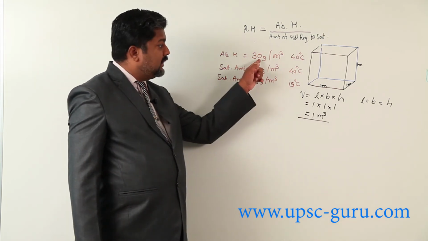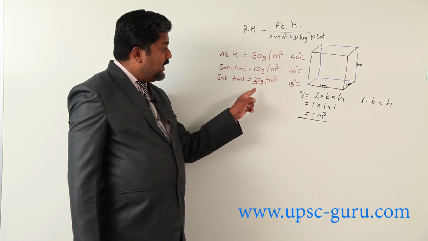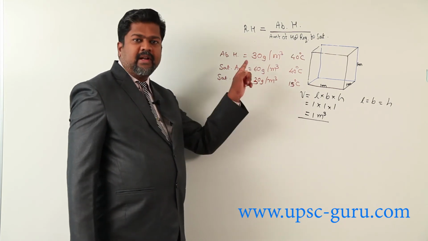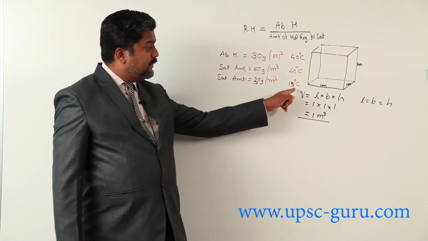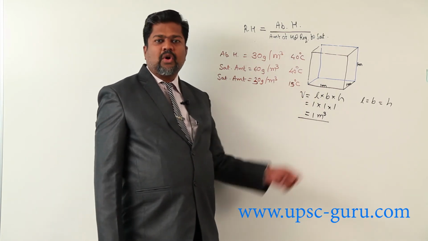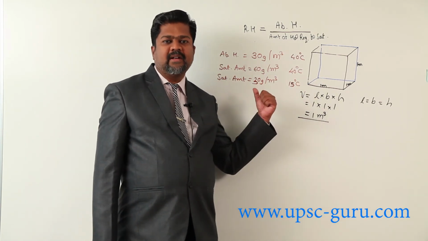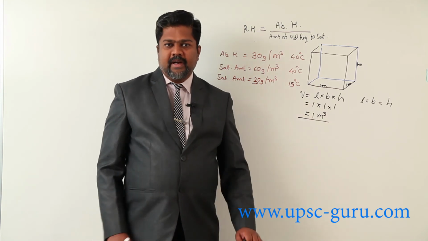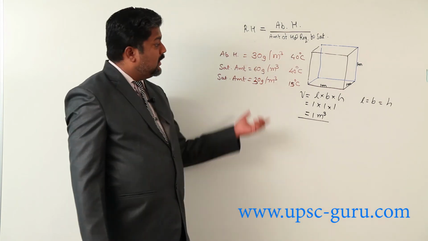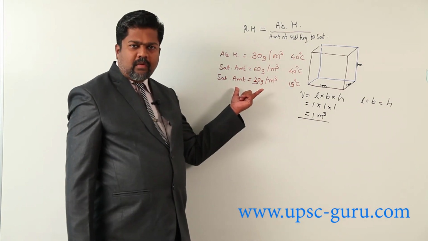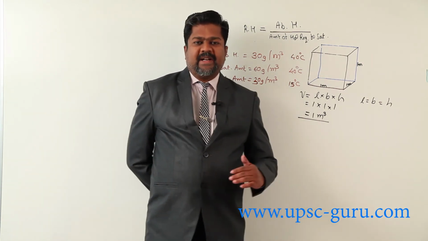I already have 30 gram per meter cube, and at 15 degrees Celsius the water holding capacity is also 30 gram per meter cube. Then this temperature, 15 degrees Celsius, is called the dew point for that particular air. Getting the idea of what dew point is, what the formation of dew is, and what precipitation is?